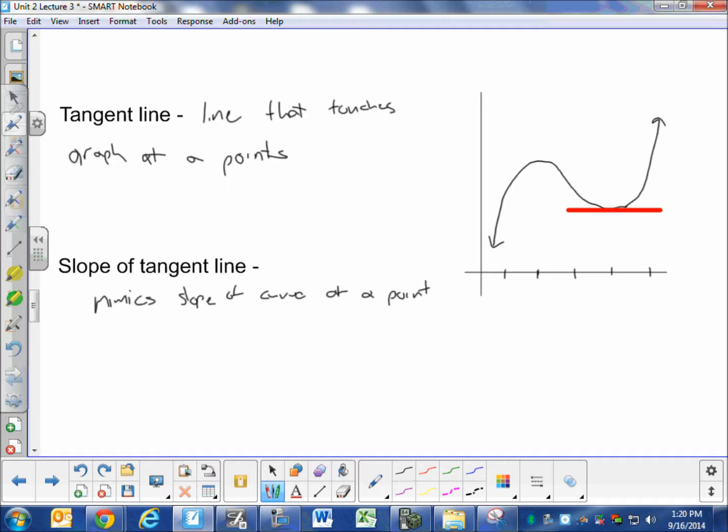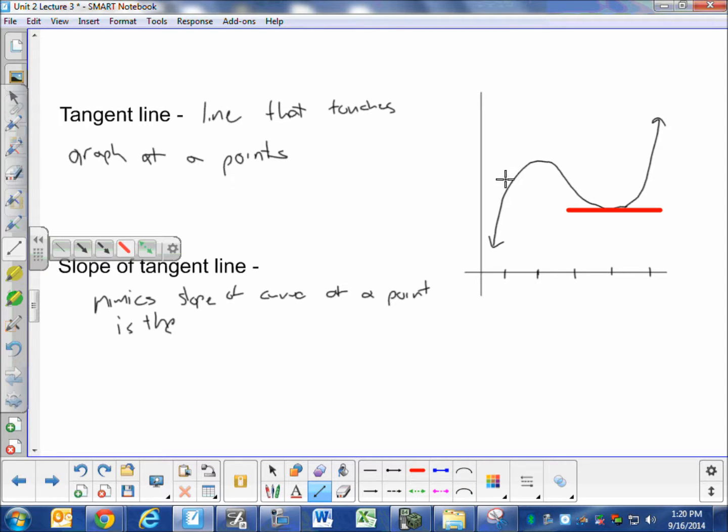And it's not really that it mimics the slope of my curve at a point, it actually is. So here would be a tangent line right here, kind of mimicking the slope right there. We're talking about 2 points really close. This would be like a tangent line here, tangent line there. This would be a tangent line there.